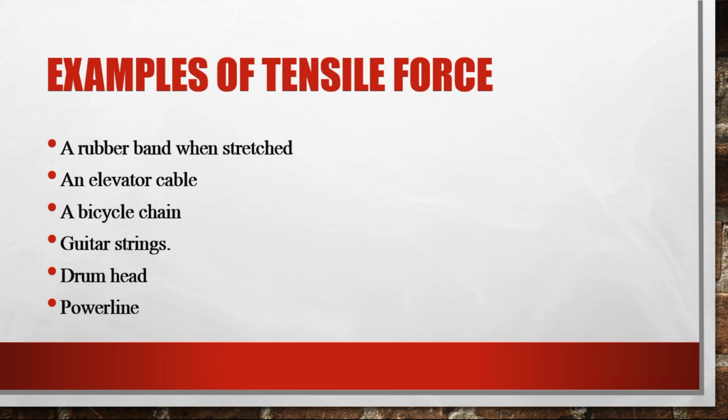So it's up to you to go into the internet or in your books and see the many examples of tensile force, but that is basically tensile force. We're going to learn much more and go deeper into tensile force when we get to the area of machines and strength of materials, but just grasp the humble definition for now.